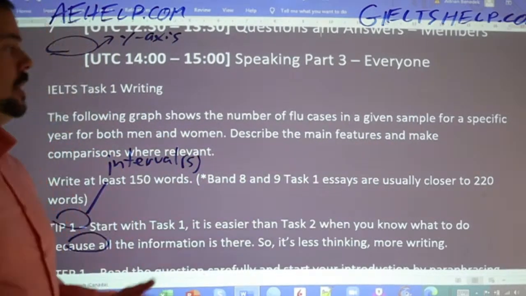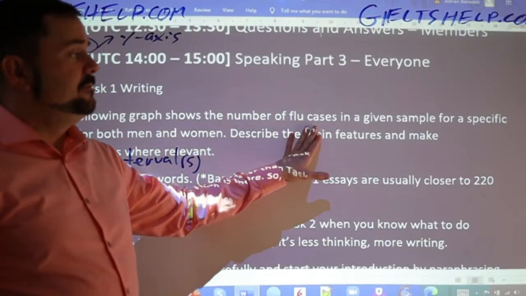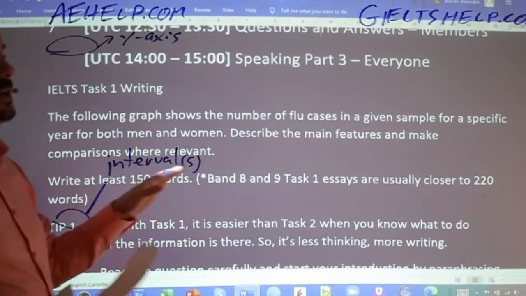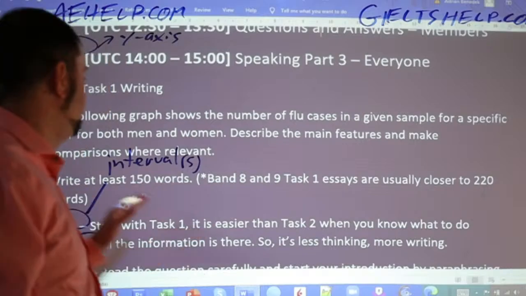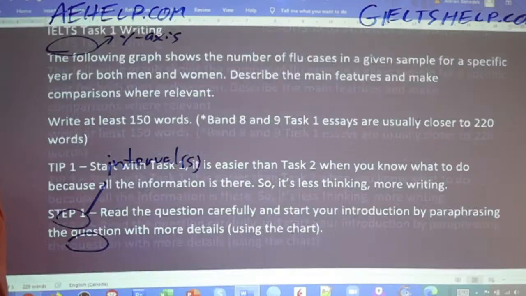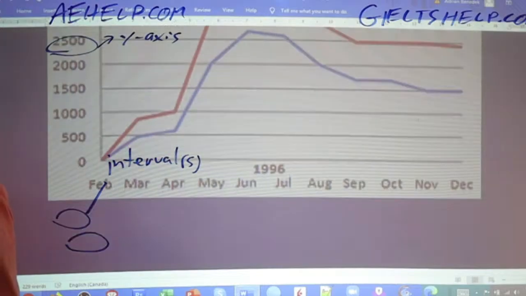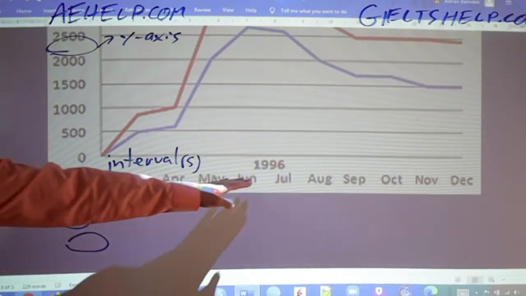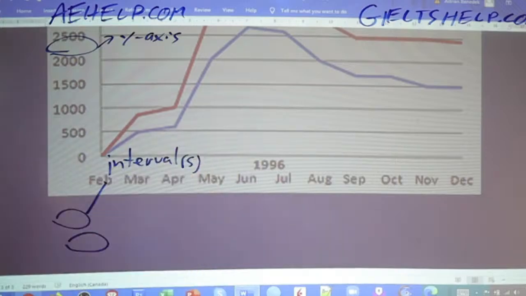Yeah, so 0 to 4,000 influenza in a given sample, sure, for a specific year. So as soon as I see specific year, I go, okay, well, what year, right? So I'm sure the graph is going to tell me that. And bada bing, bada boom, bada bang, it's 1996, okay?